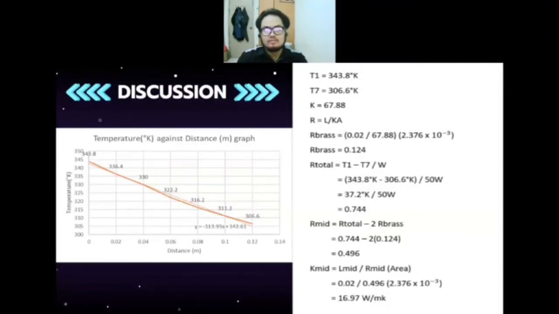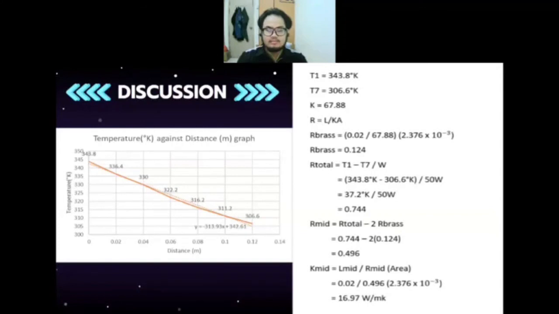Then we have to calculate the R total. R total equals T1 minus T7 over power. So we plug in the data in this equation: 343.8 Kelvin minus 306.6 Kelvin divided by 50 watt, we get 0.744.